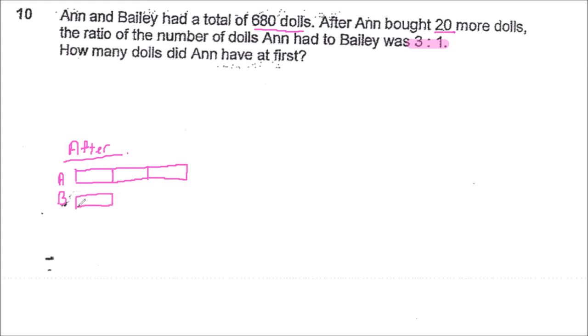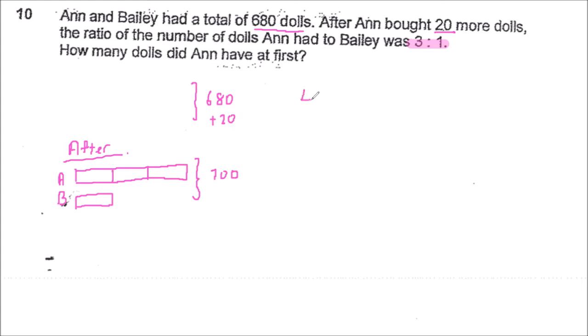The starting total is 680, but because Anne bought 20 dollars, we just need to plus 20, and the total became 700. Am I right?